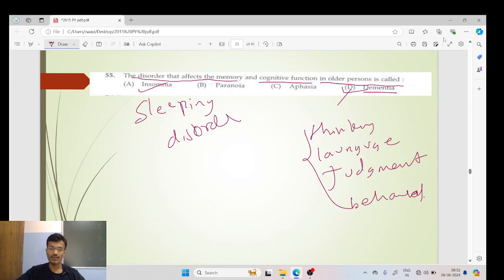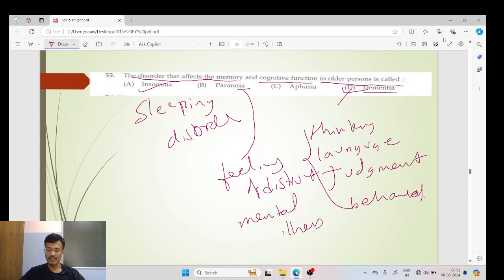Parasomnia is also a sleep disorder. Aphasia is a language disorder and it mainly affects the left hemisphere.